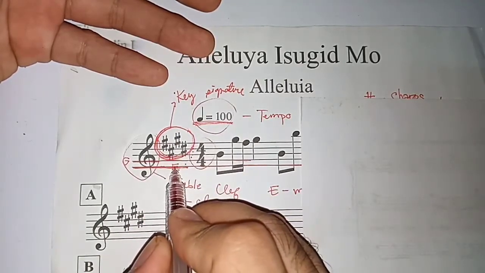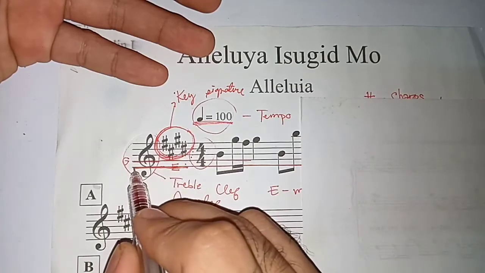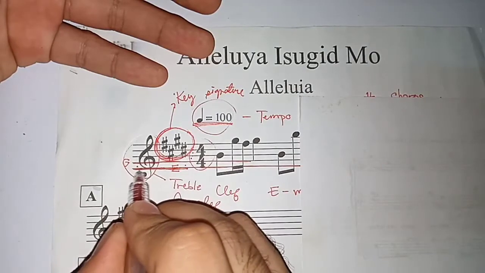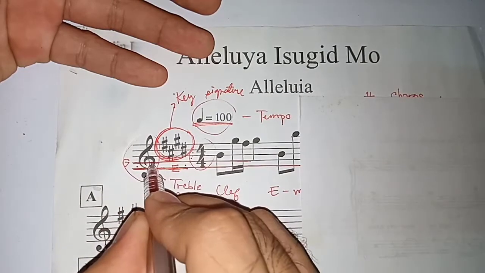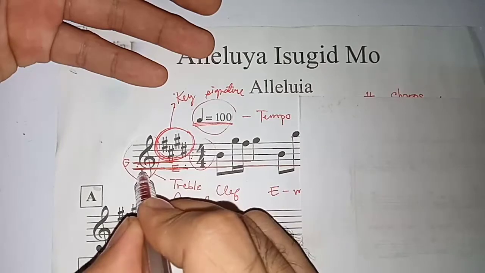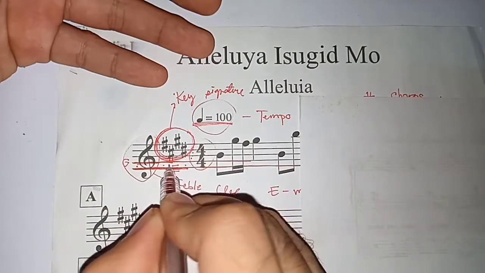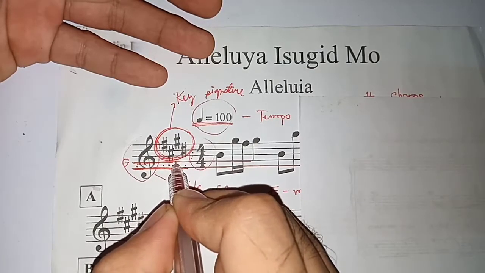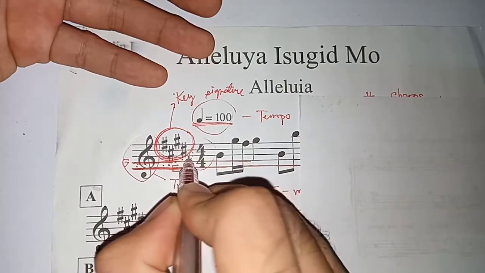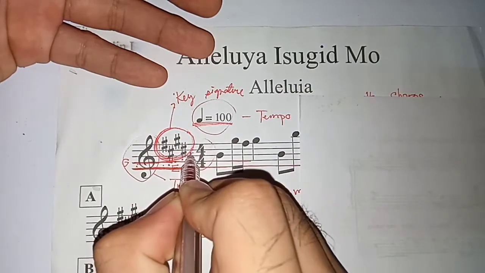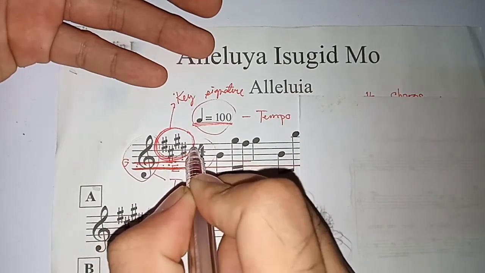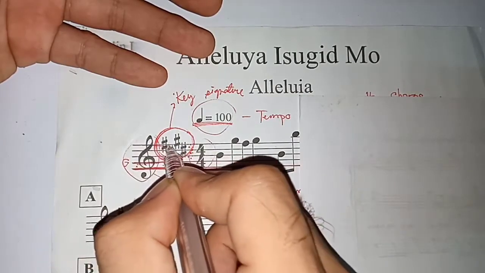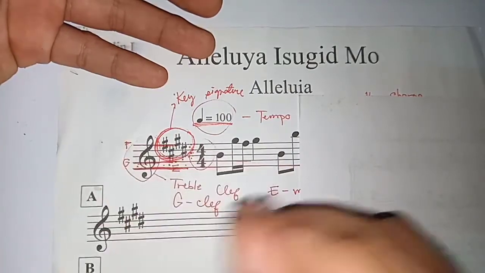We start here: E, then F on the space, G on the third line, A, B, C, D, E, F. It means the line here is F. So we will put it here, F.